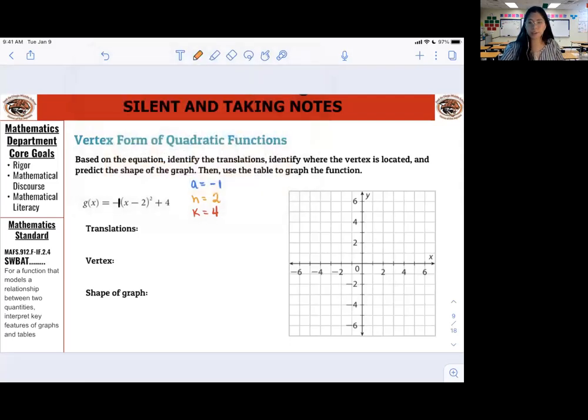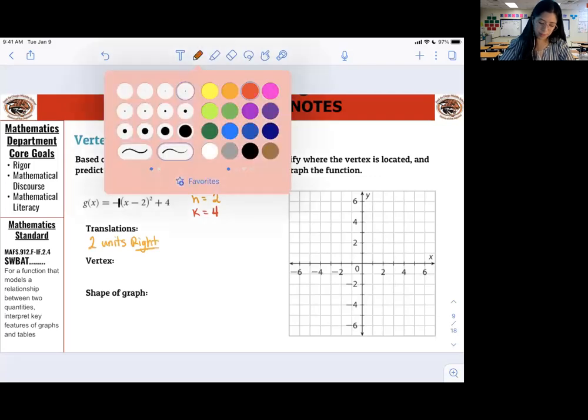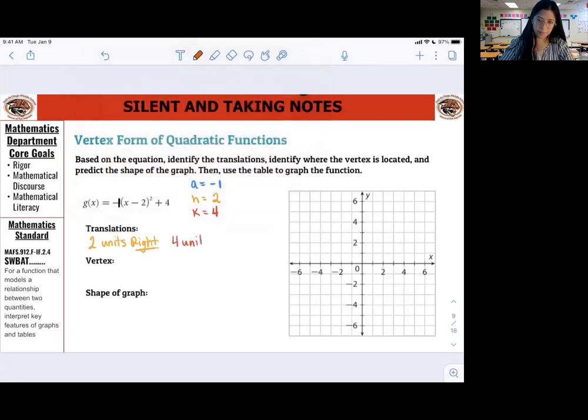So what are my translations? Where am I going? Two to the right, up 4. Good. 2 units to the right, 4 units up. Where's my vertex?